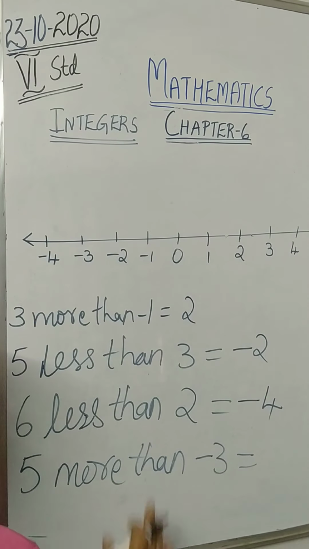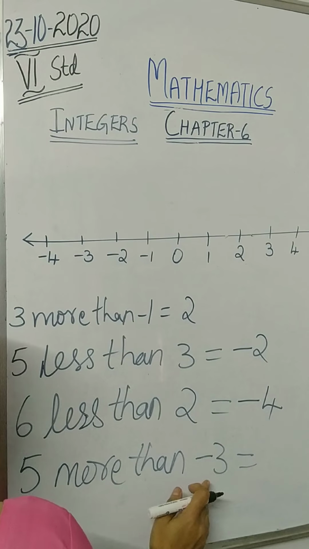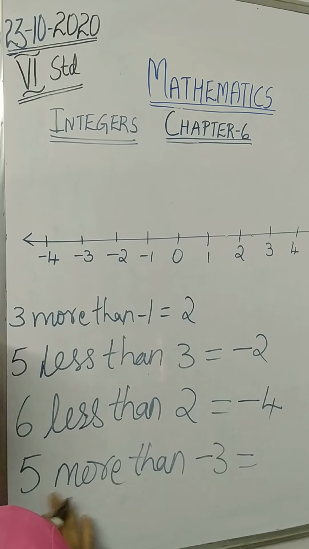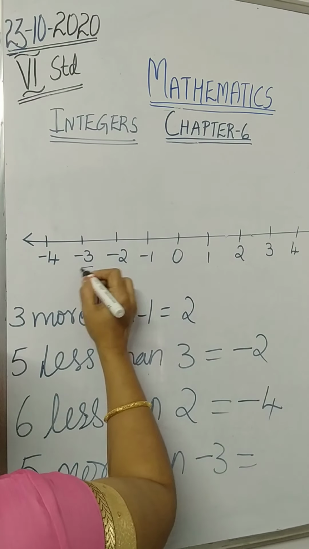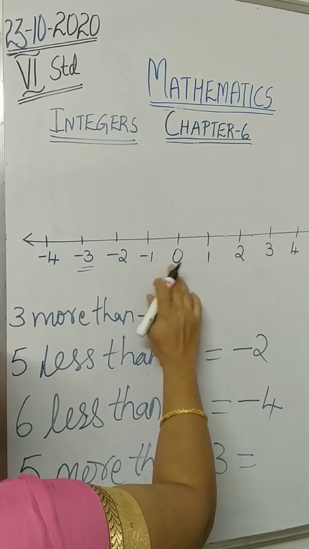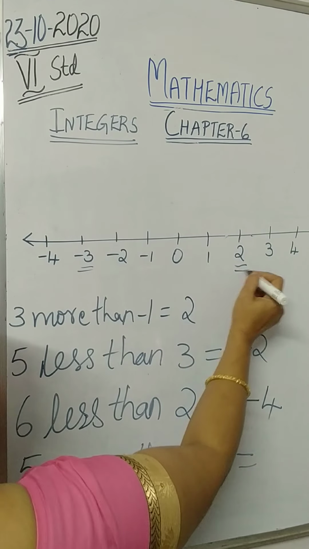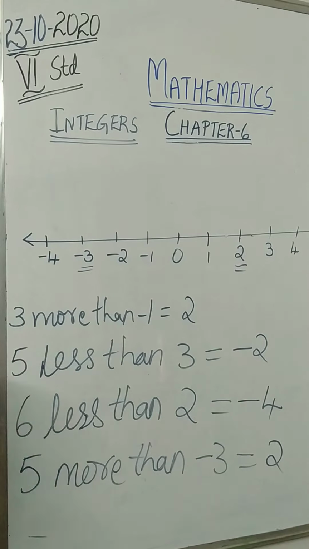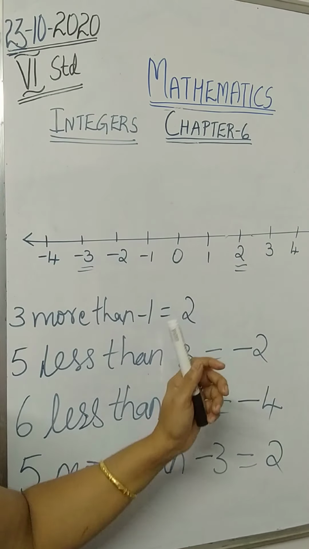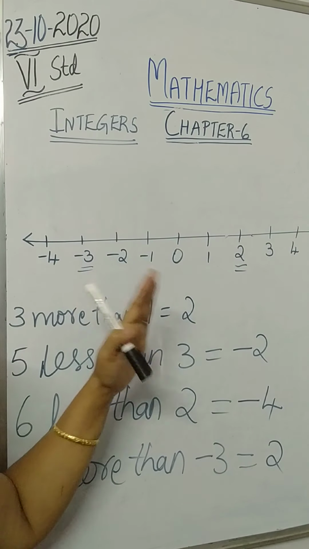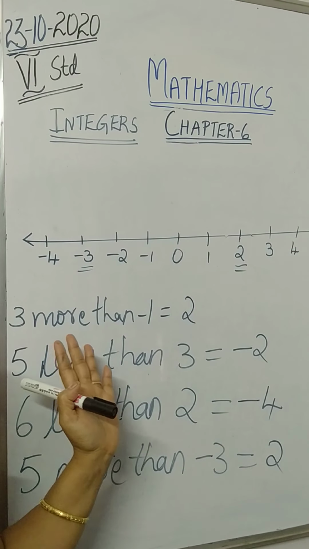We will count to the right side. Then 5 more than minus 3. From minus 3 we have to count 5. 1, 2, 3, 4, 5. So what is the number here? It is 2. Hope it is clear, children. This is on the number line how to find out which number is greater and which number is lesser.